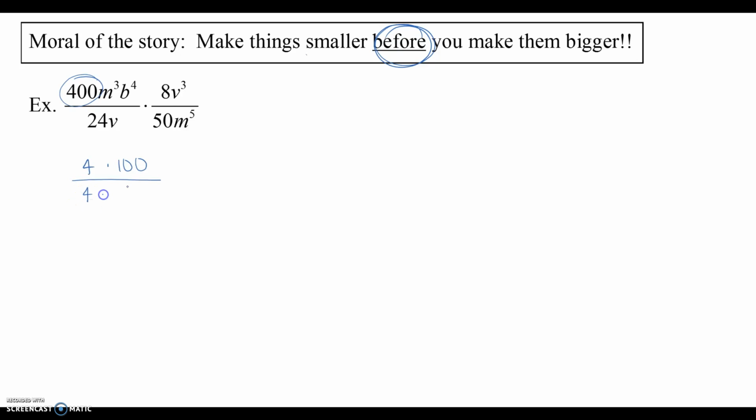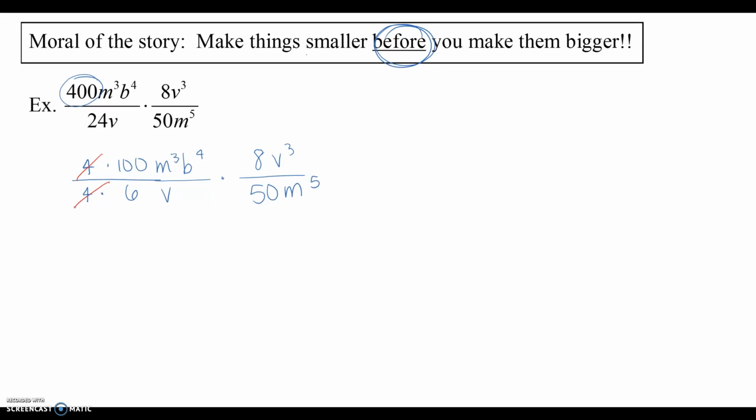So you got 4 times 6, and then we have m cubed b to the 4th v. Right, so what I'm trying to get you guys to notice is I can divide out a 4.